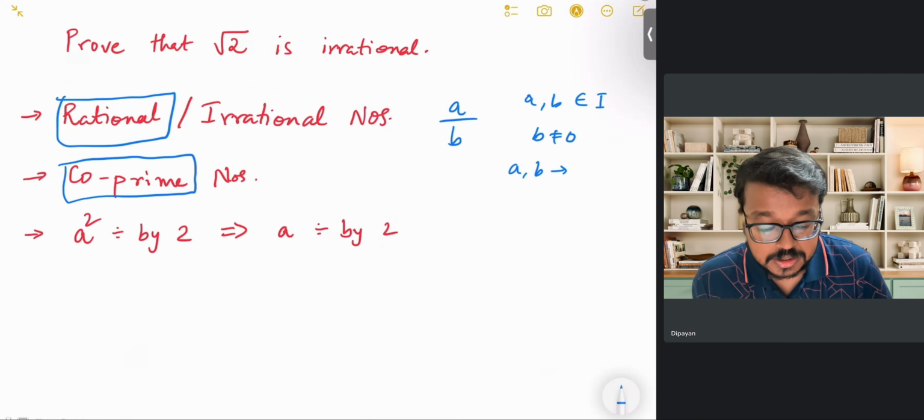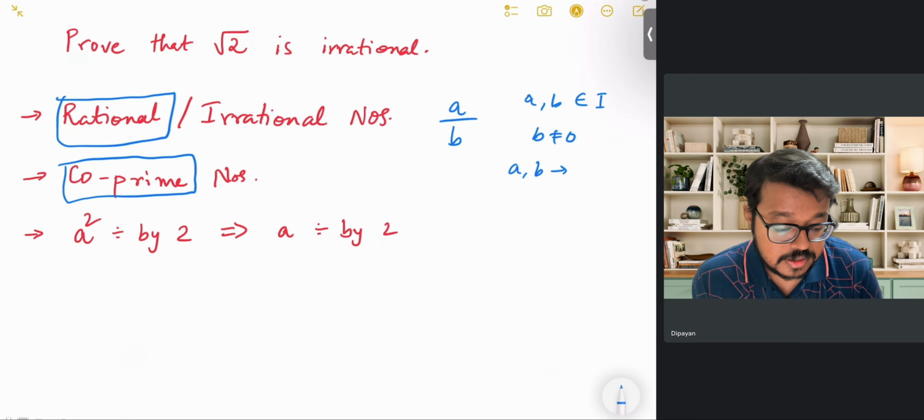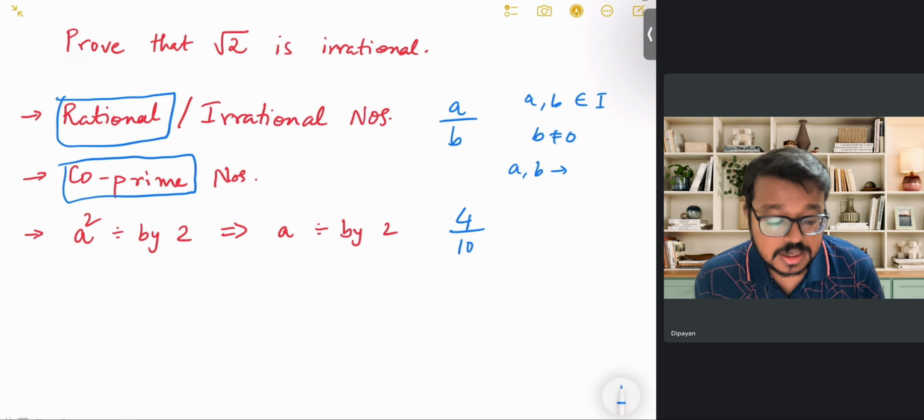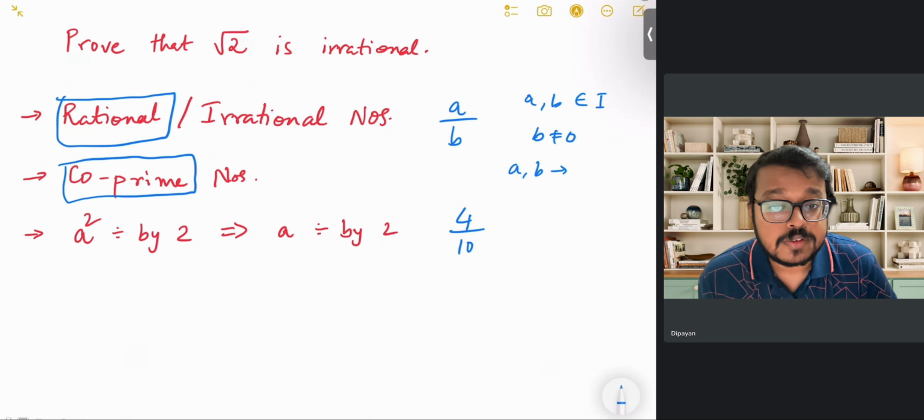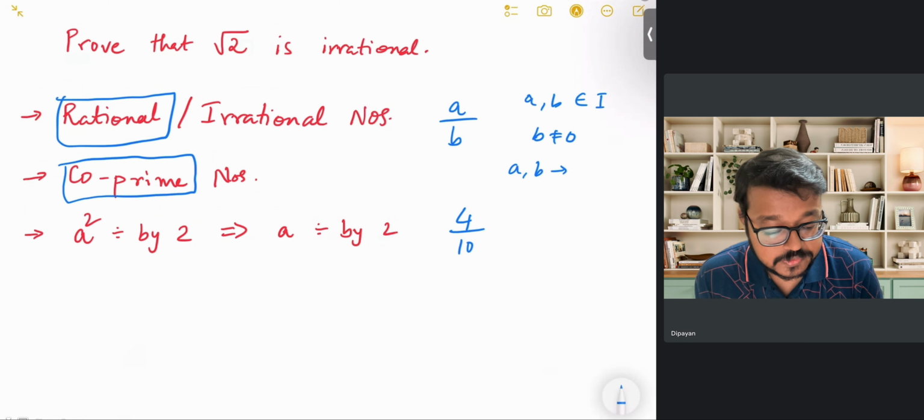For example, if I have a number which is let's say 4 by 10, it is a rational number, definitely, yes, but can I reduce 4 by 10 so that the numerator and denominator are co-prime? Yes. 4 and 10 have a common factor of 2, so if I divide them by 2, I will get 2 by 5.